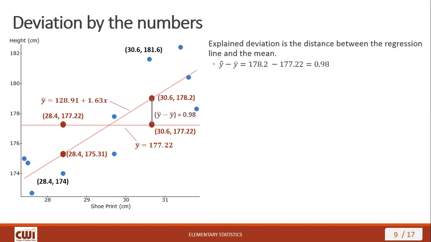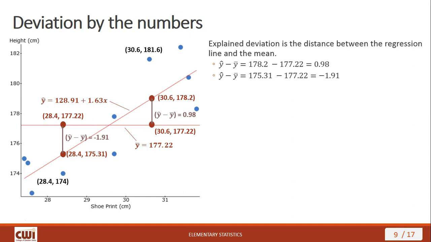I take the y value for my predicted, which is the regression line, I subtract out the mean. So 178.2 minus 177.22 gives me 0.98. Alternatively, for the second point that we looked at, explained deviation is going to be 175.31 minus 177.22. This gives us an explained deviation of negative 1.91.